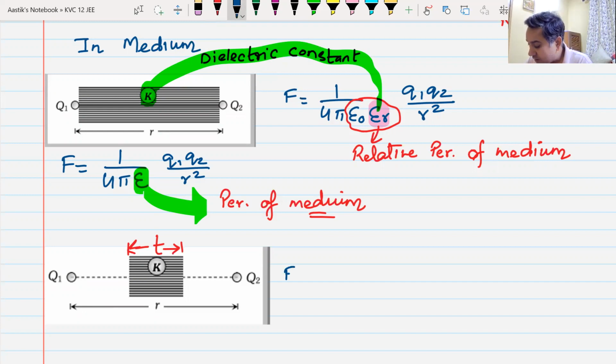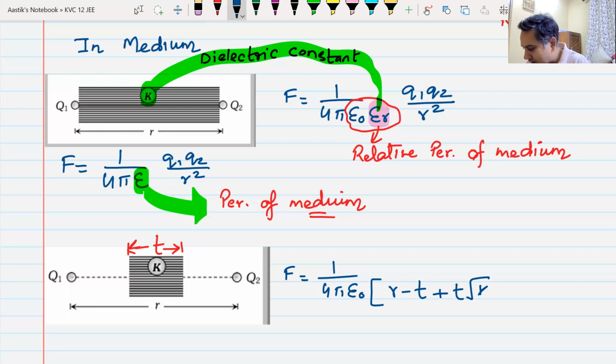So the force now becomes 1 by 4 pi epsilon naught into Q1 Q2 divided by (r minus t plus t times root over k) square.